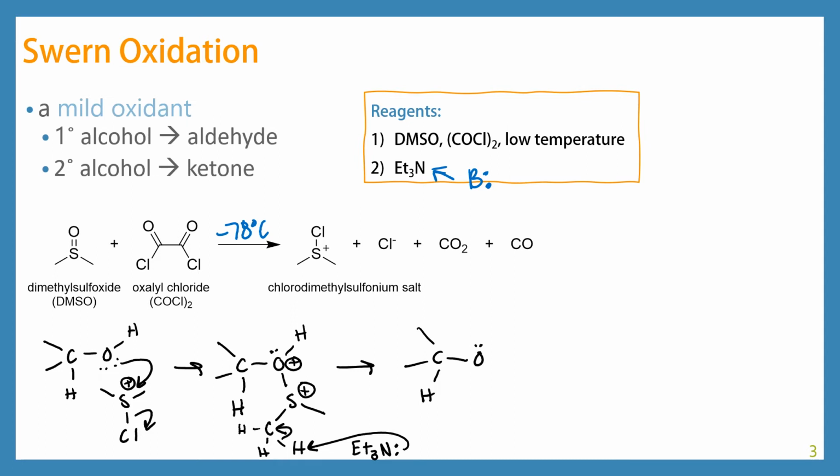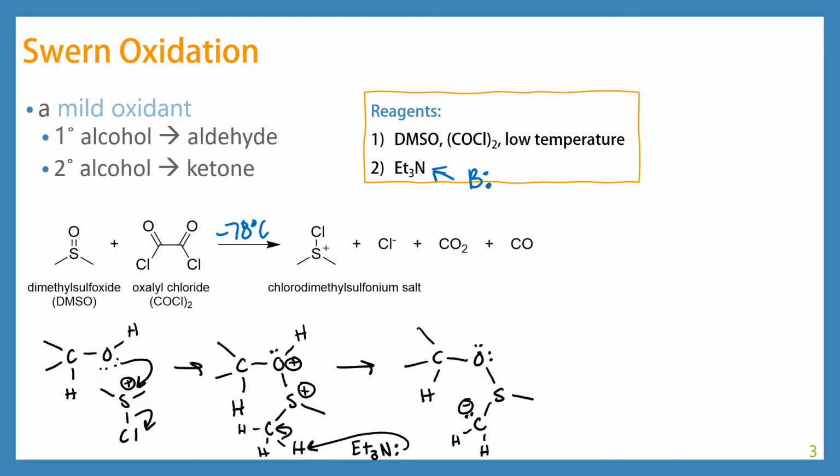We also deprotonated the alcohol group when we added in the triethylamine. So the carbon still has 2 hydrogens on it, but it also has a lone pair and a negative charge.